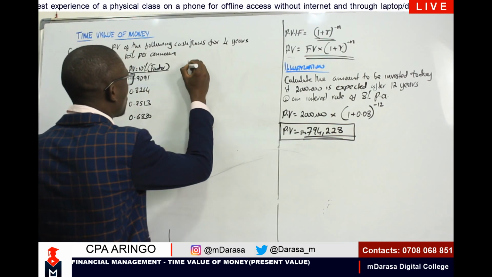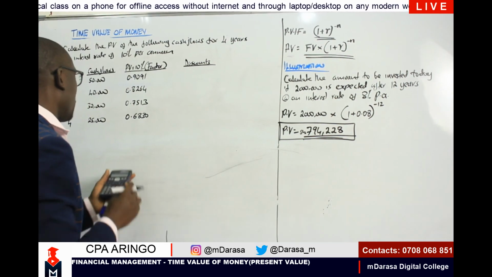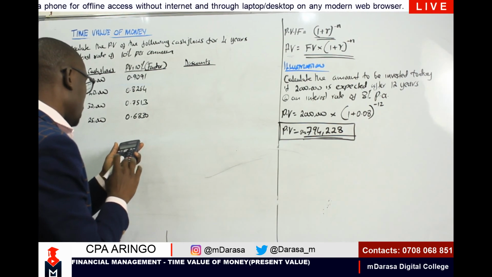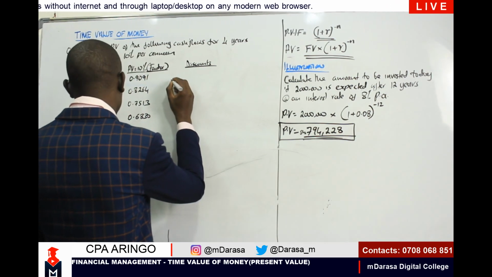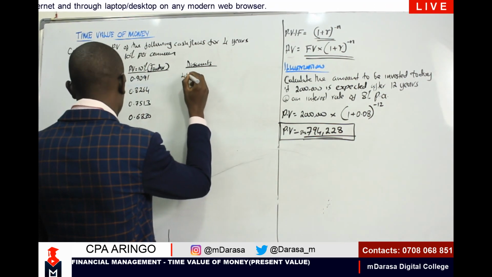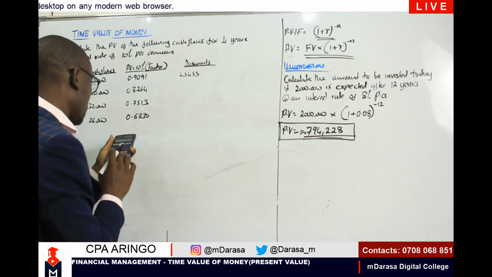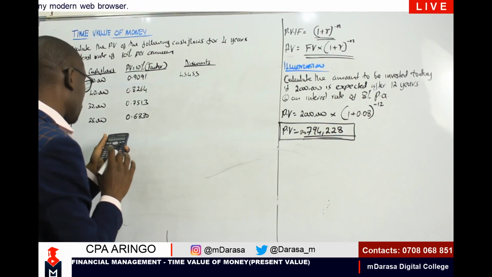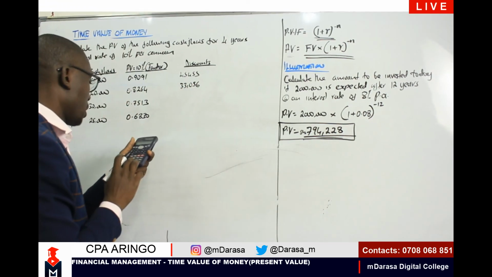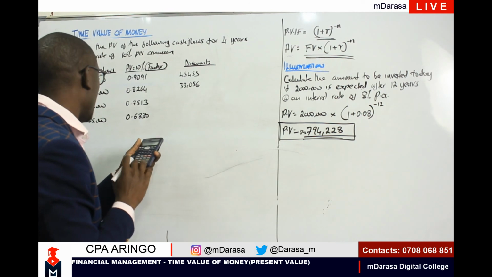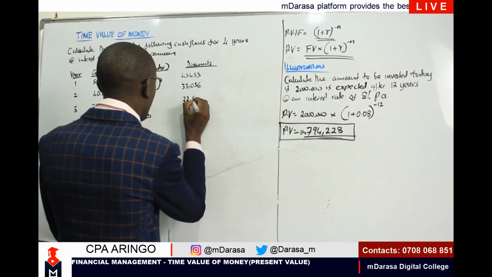Talk about our discounts now. The discounts that I should be having: 50,000 times 0.9091, I should be having 45,455. 40,000 by 0.8264, 33,056, believing that we're getting the same things. 30,000 by 0.7513, 22,539.